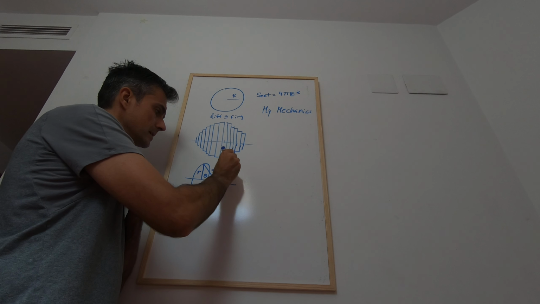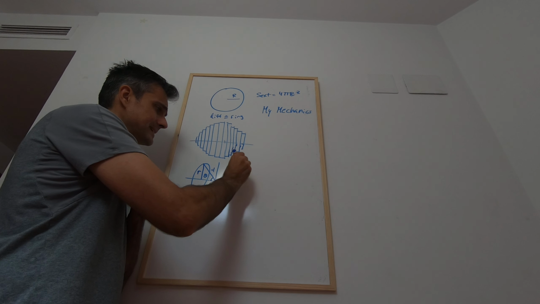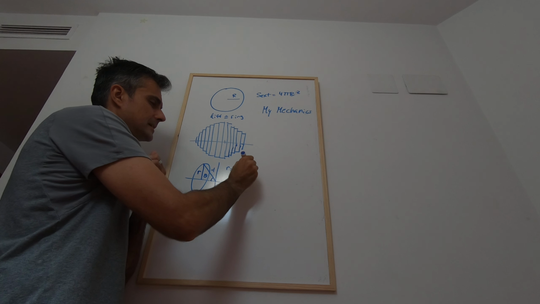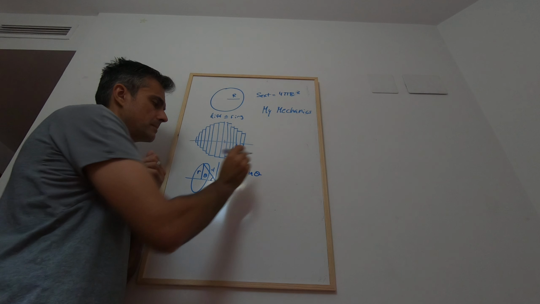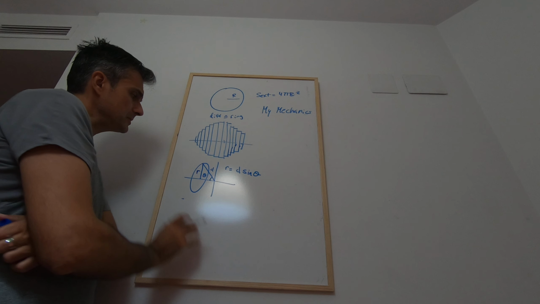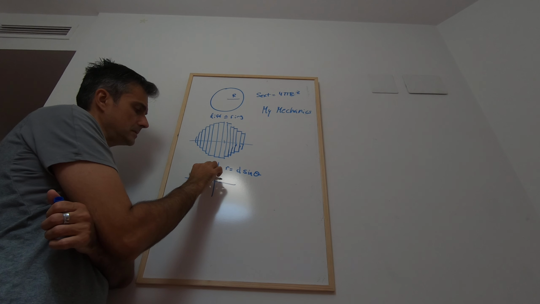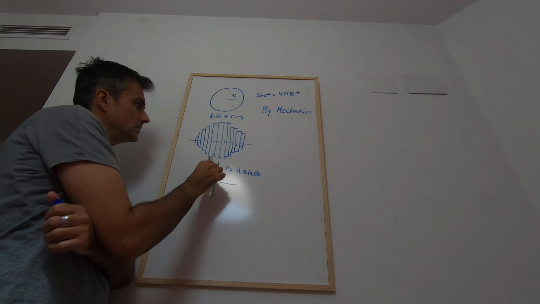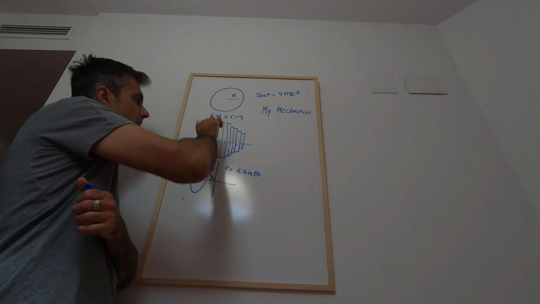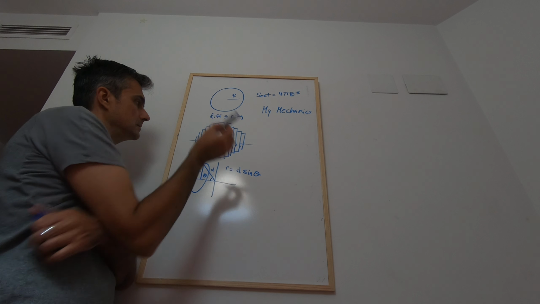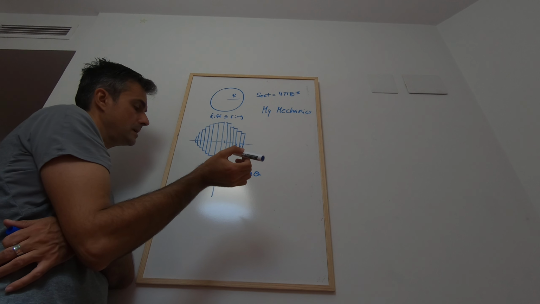So r is d times sine. But about d, does d change or is it constant? Each one has a different distance, so that's a problem.